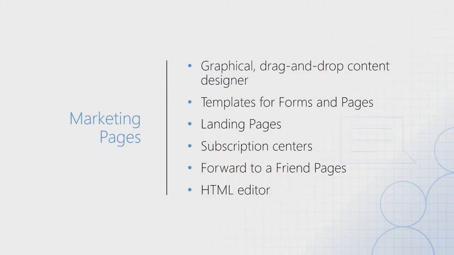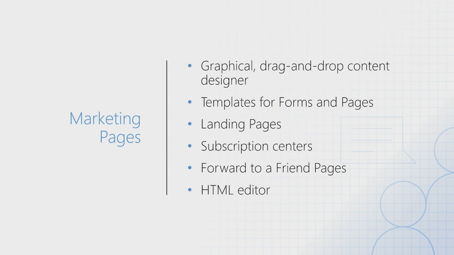Some of the marketing page types is landing pages. This is one of the more common usages of marketing pages. You want to create a page with a form on it, and have your audience type in information there, for instance, to get a download.